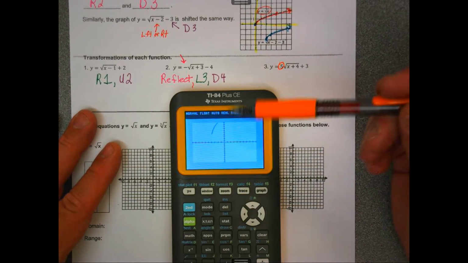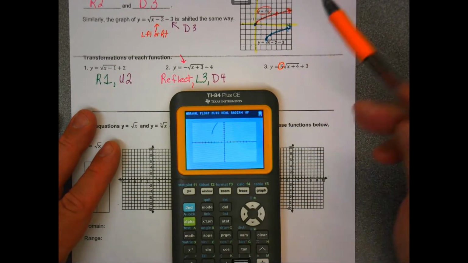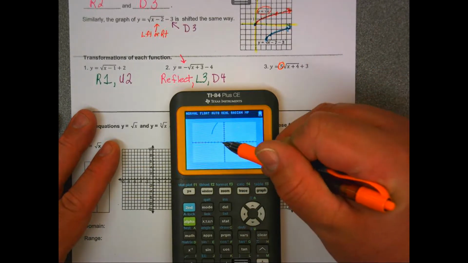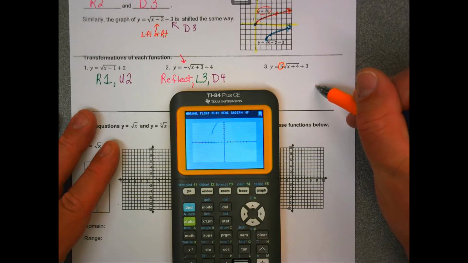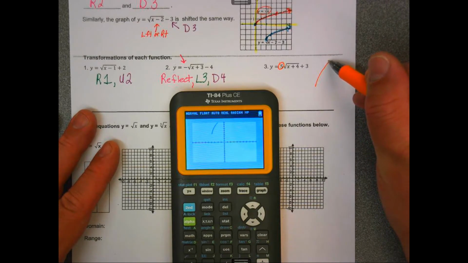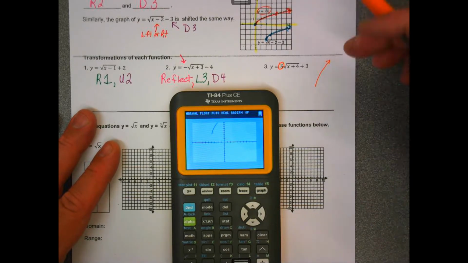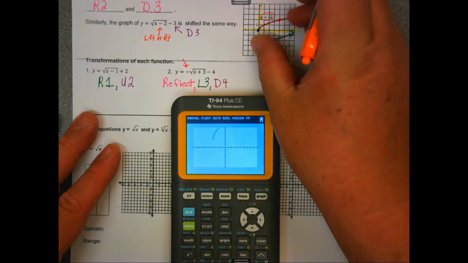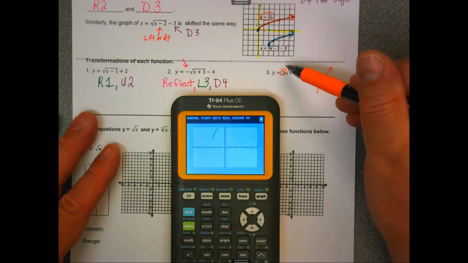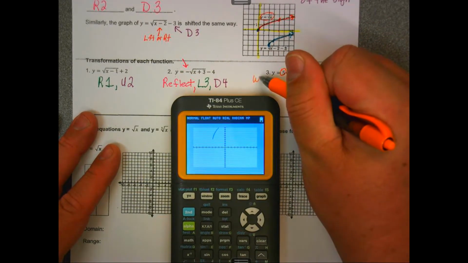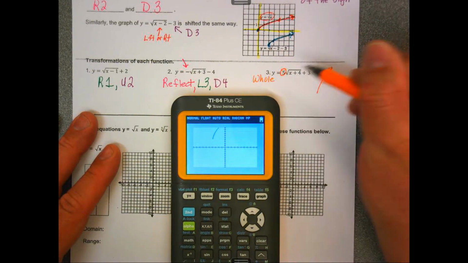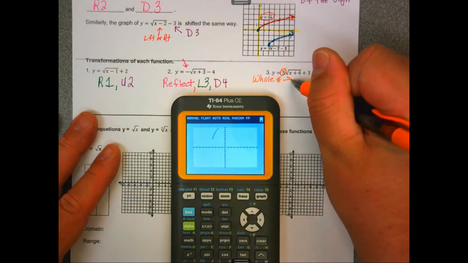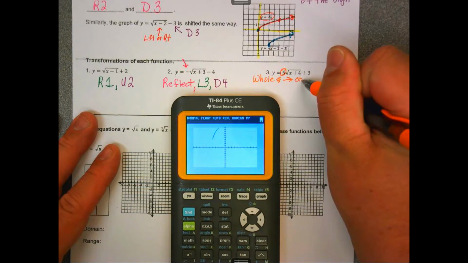And it almost looks like, if I were to start at 0 here, it almost makes it look like this. So it's like taking my parent function here, and it's kind of like stretching it. So a whole number for the radical function, whole number stretches the function.